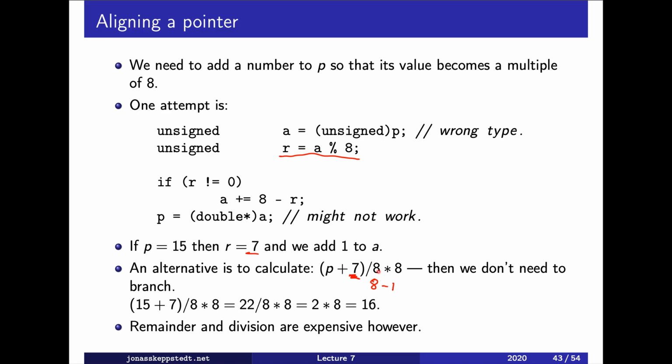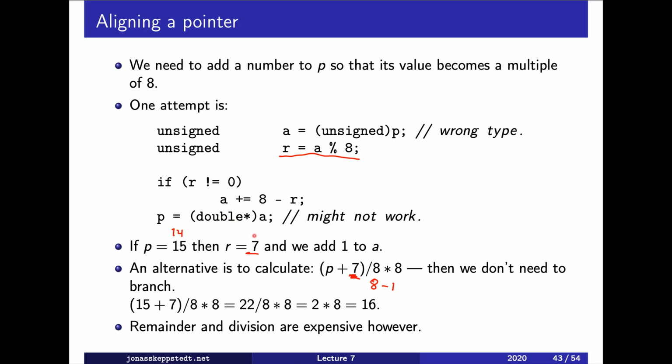It comes from the alignment requirement minus 1. Anyway, if we have p is 15, then r is 7, and regardless of that 7, we add 7 to it and divide by 8 and multiply by 8, and the result is 16. Okay, we can try this with 14 instead.